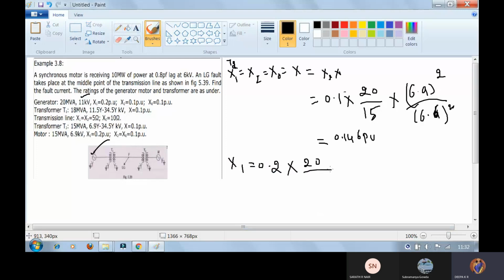Old value in the question is given as 15. And old kV as per the problem is 6.9. 6.9 whole square divided by, as per the motor calculation, you got a kV value of 6.6 whole square. So simplify this and give me the answer. What will be the reactance in terms of x1?